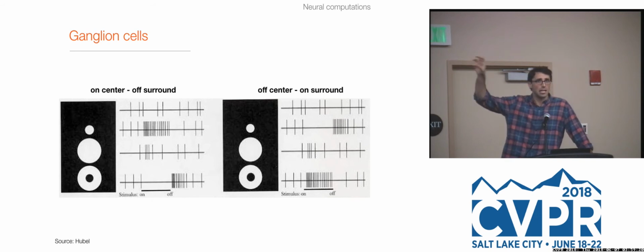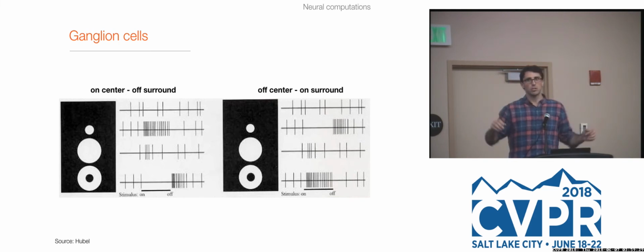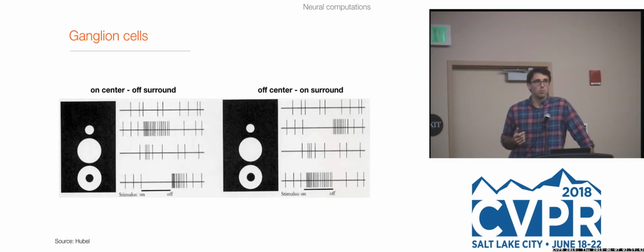Below that is the circle, the white circle, which is a center on, off surround stimulus. Below that is this bigger circle, which covers both a small center responsive patch of a neuron, as well as the surround. And below that is this donut-like stimulus, and this is something like if a neuron or an RGC will respond to the presence of stuff in the surround, but not in the center of a small patch of an image.